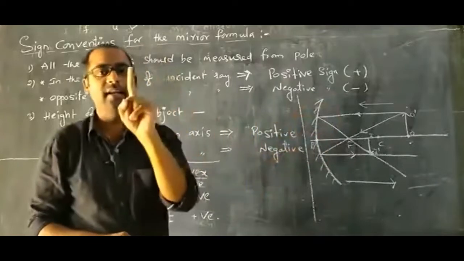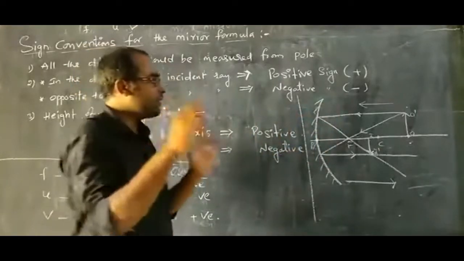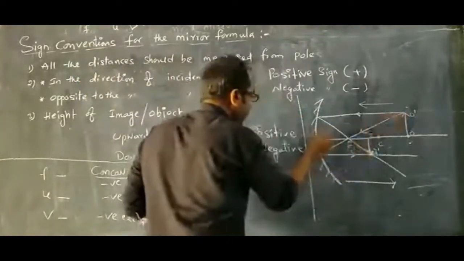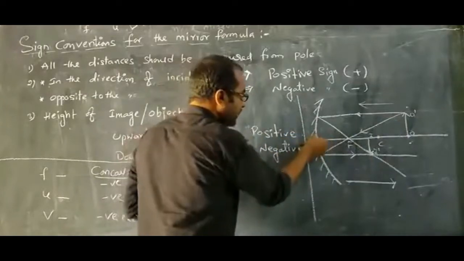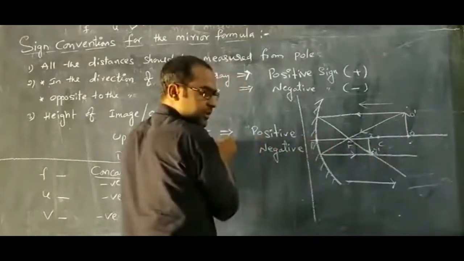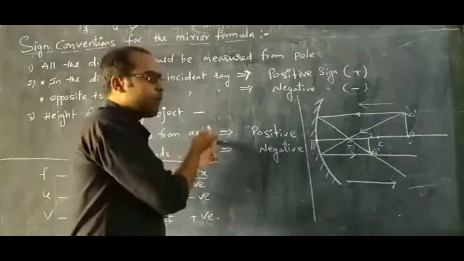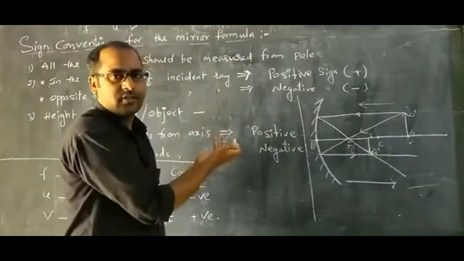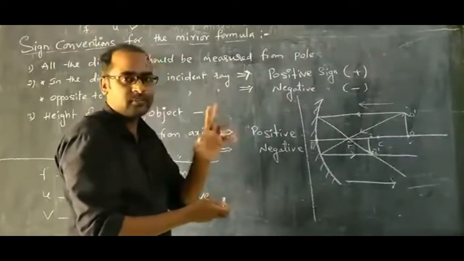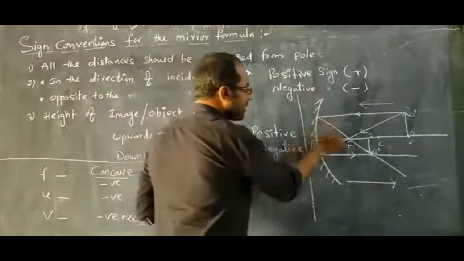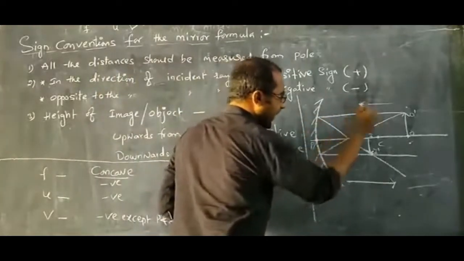That is why it should be taken negative. If the object were here, along this direction, we should take it positive, but there is no chance for the object to be here, right? So in this case, object distance should be taken negative.